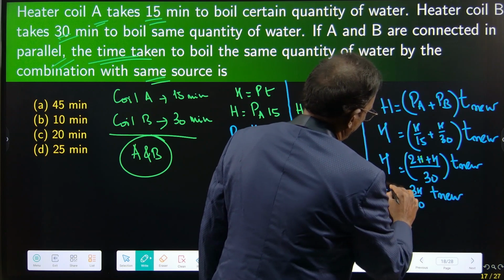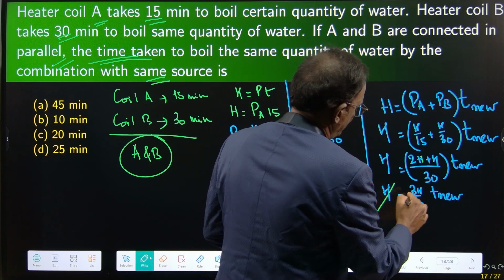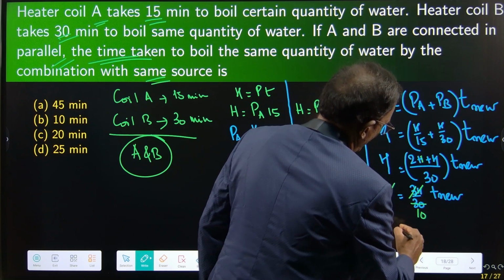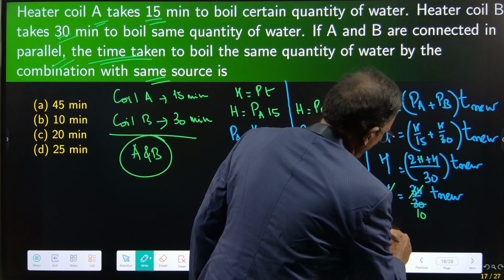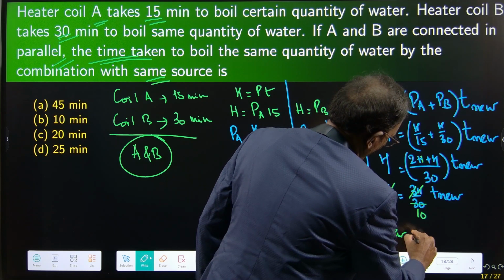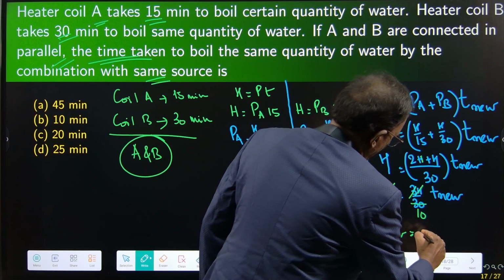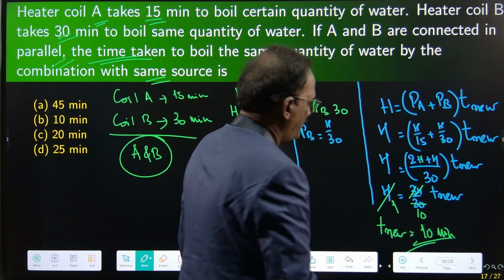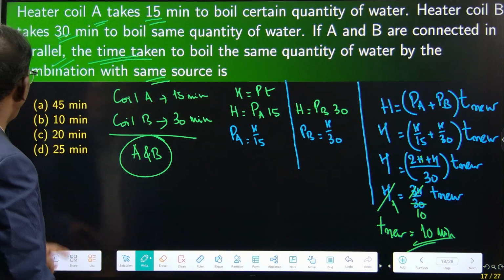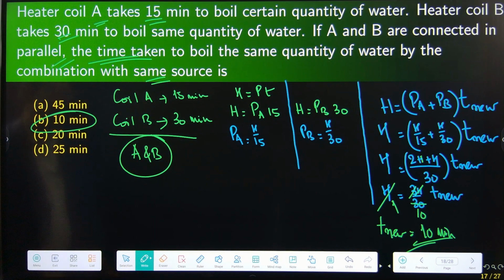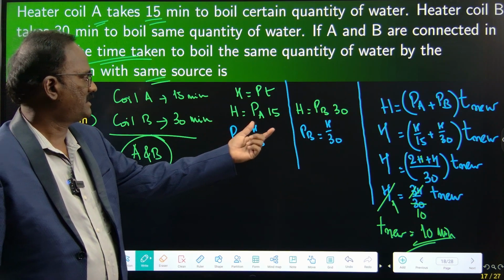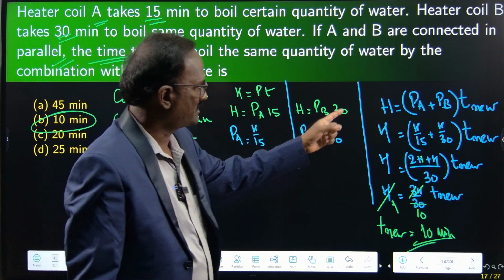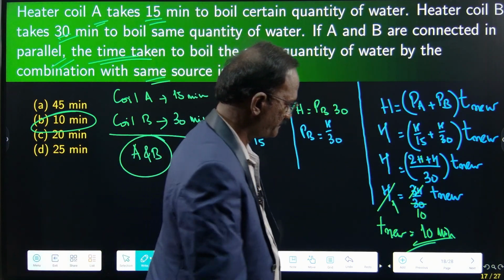H I am removing. This becomes 1 by 10, so 1 by T new is 1 by 10. T new is equal to 10 minutes. 10 minutes is the answer. First they were used separately to get the same heat H, then they are used together.